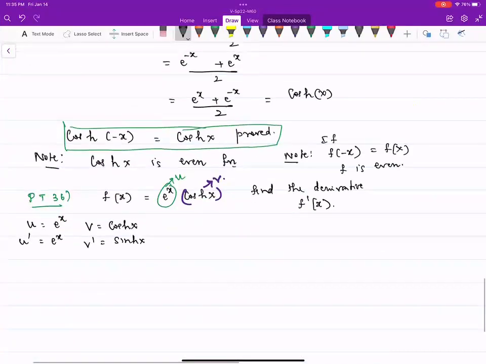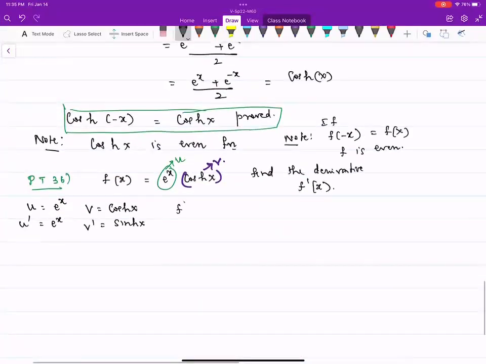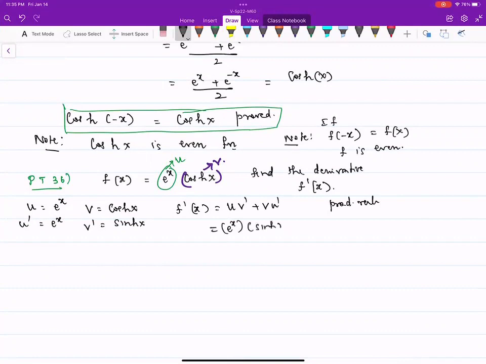Right? So f prime x, which is the product rule for derivatives, is u v prime plus v u prime. U is e to the x. V prime is sine hyperbolic plus v, which is cosine hyperbolic, u prime, that is e to the x.